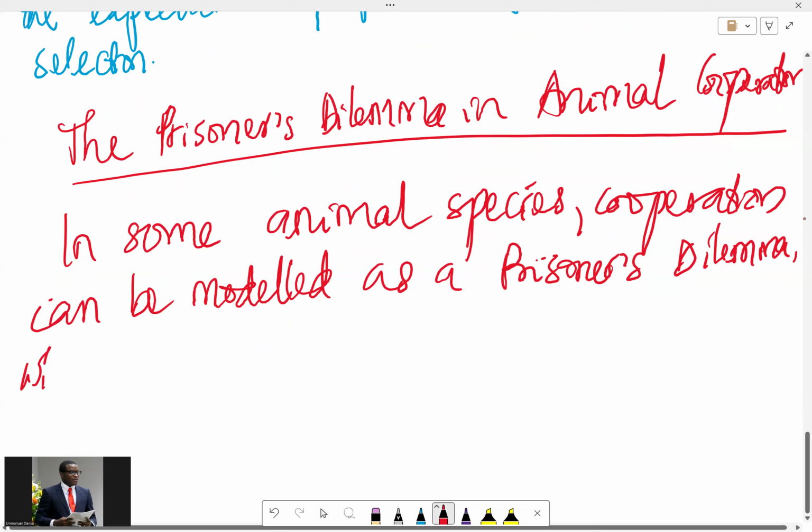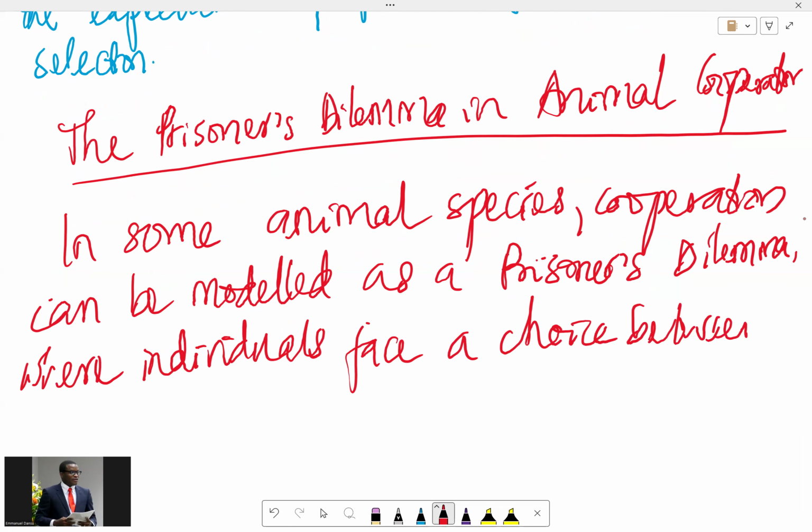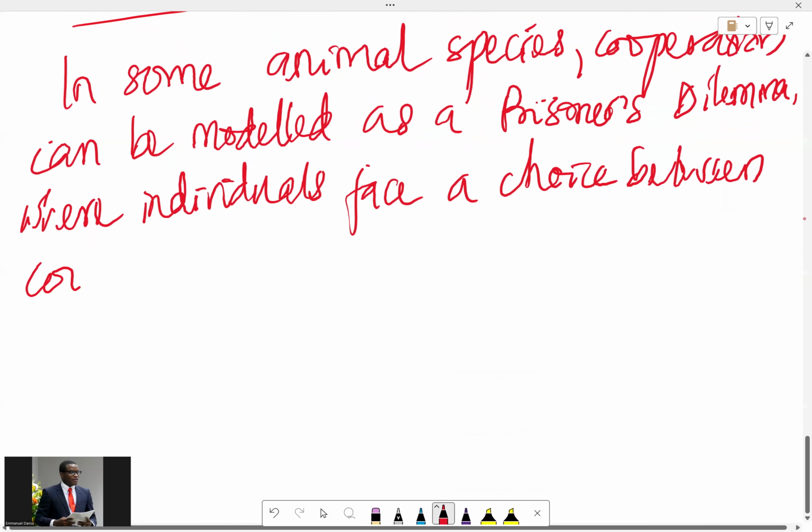where individuals face a choice between cooperating or defecting.